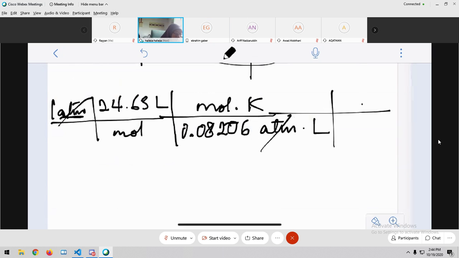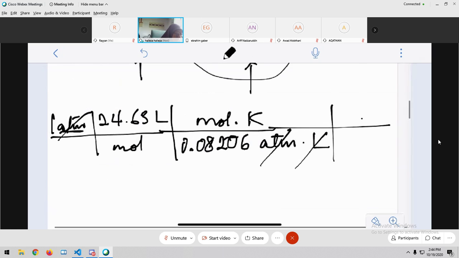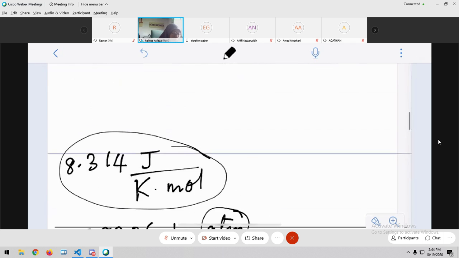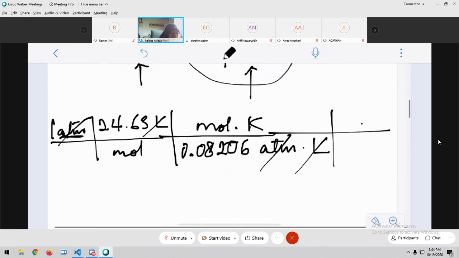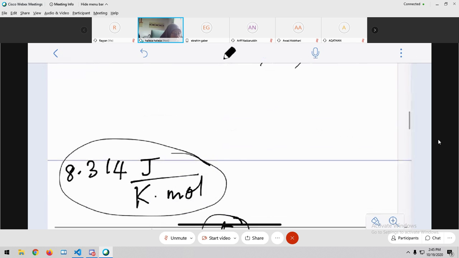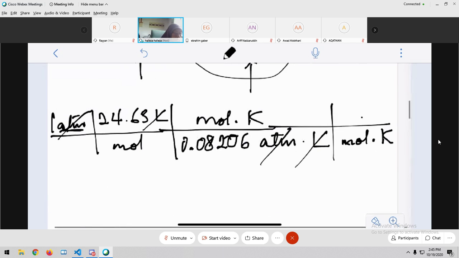We cancel the liter, but still there's no joules inside it. So now we're going to use this part of the gas constant in order to get joules. You have to cancel the Kelvin and the mole at the top here. So this will be mole, it will be Kelvin, and if you look at that unit, 8.314 joules.